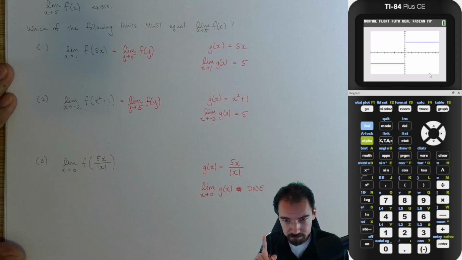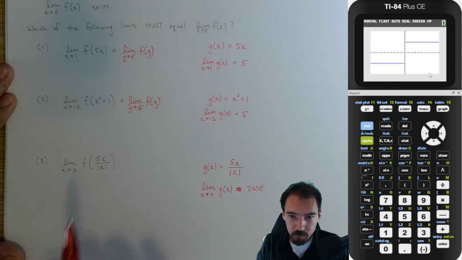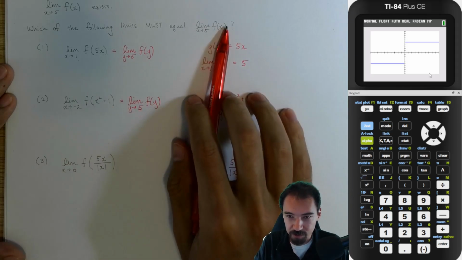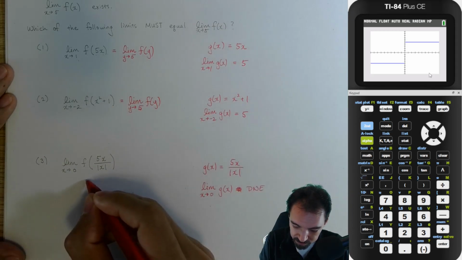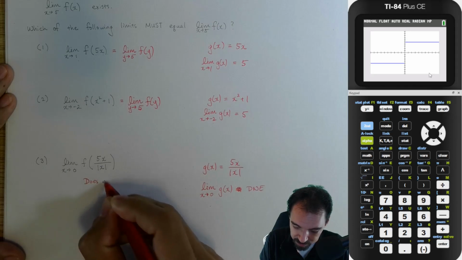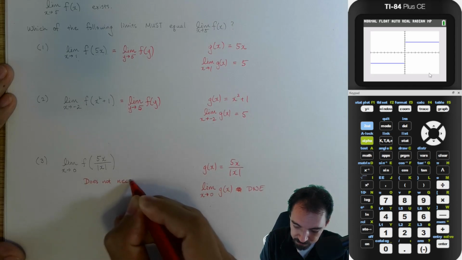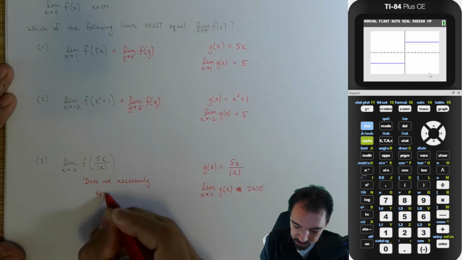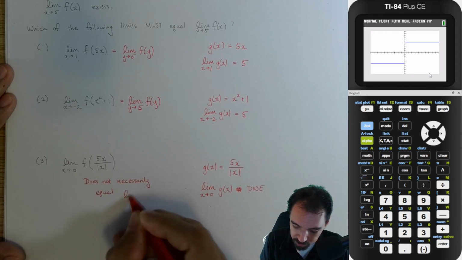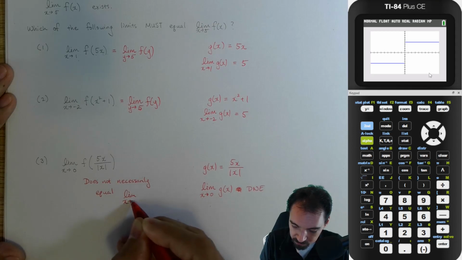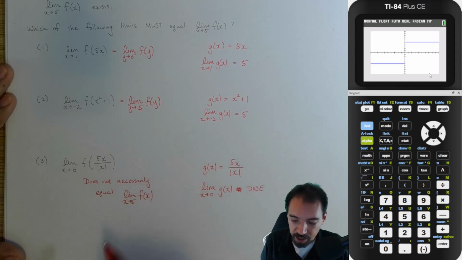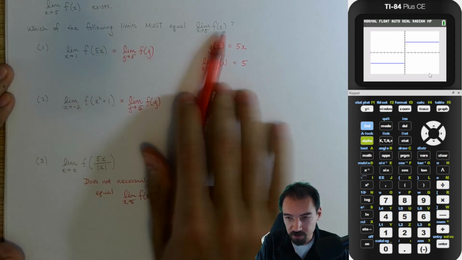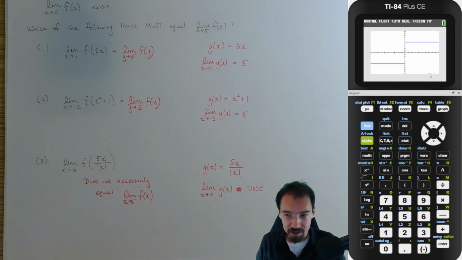However, we cannot say that this must equal that. So we'd say it does not necessarily equal the limit as x approaches 5 of f of x. So we would say false to the question, must it equal that thing.